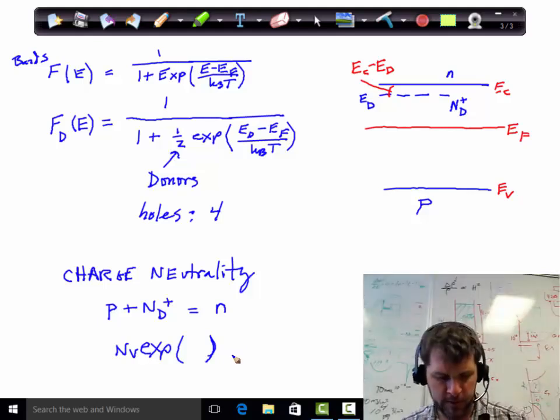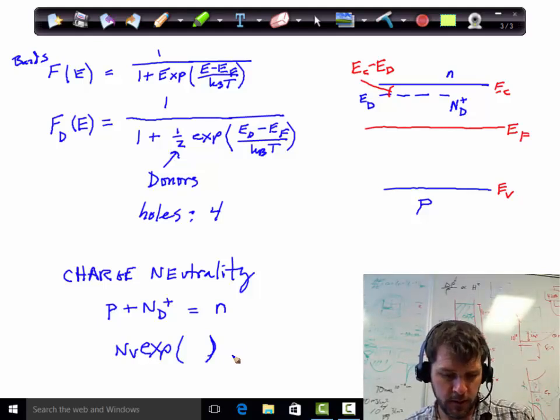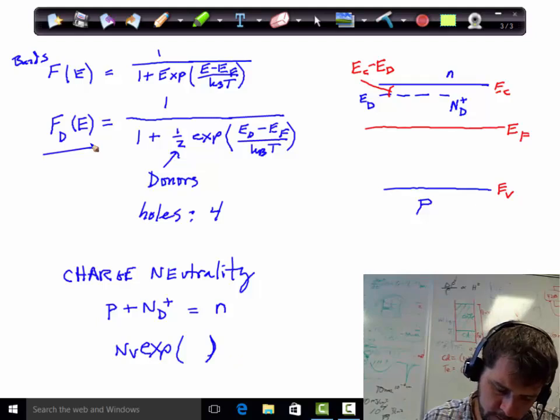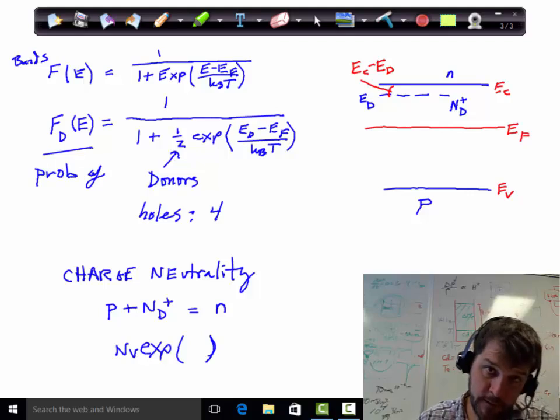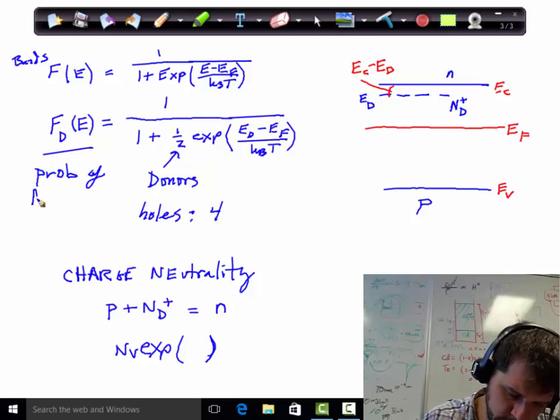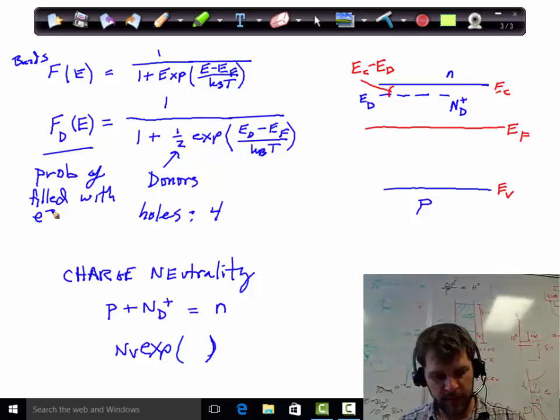So the ionized fraction of the donors are going to be donors that do not have electrons. So this expression is the probability that it does have an electron, or that the state is filled with an electron. So we have to do 1 minus this.